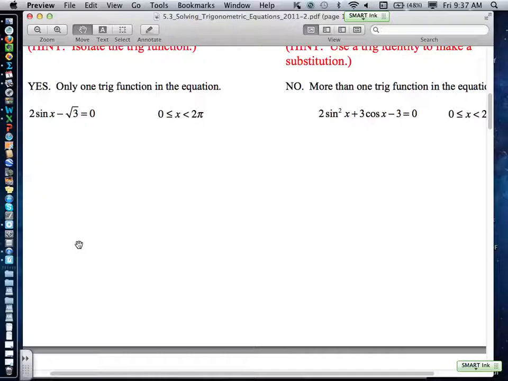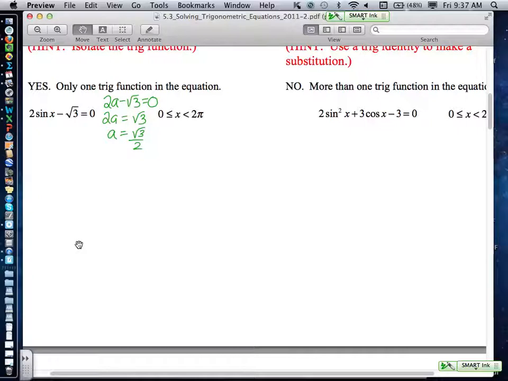So if you were solving this algebraically, if you had 2a minus root 3 equals 0, I would add root 3 to the other side of the equation, and I would divide by 2, and then I've essentially isolated the variable.